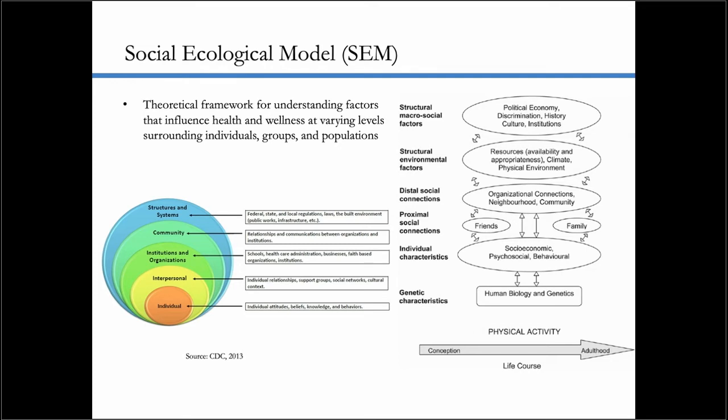So let's say that structural changes are made toward the development of safe parks and recreational areas, and the sidewalks are kept up so that people can walk safely outside. That would be a structural level factor that is used to improve physical activity because it allows people more opportunity to engage in higher levels of physical activity.